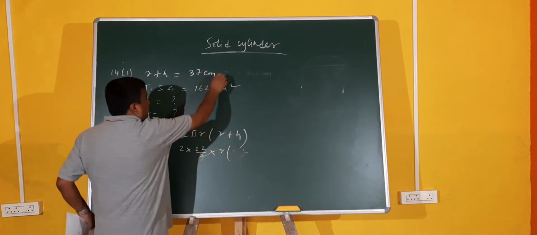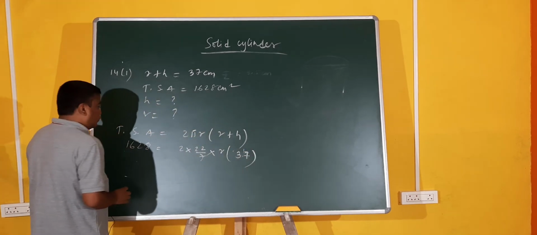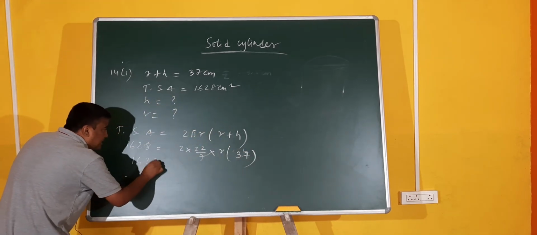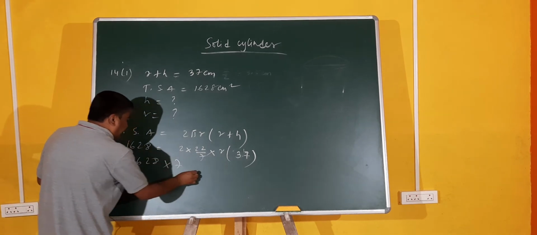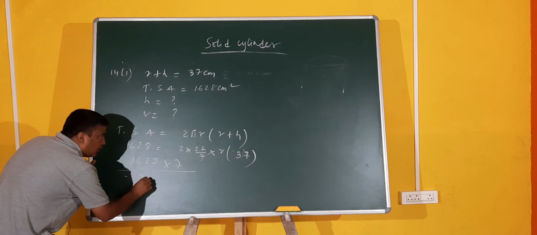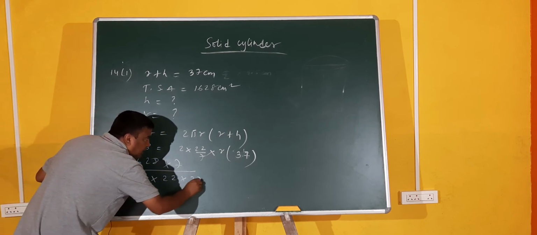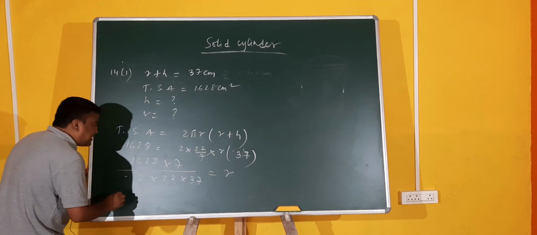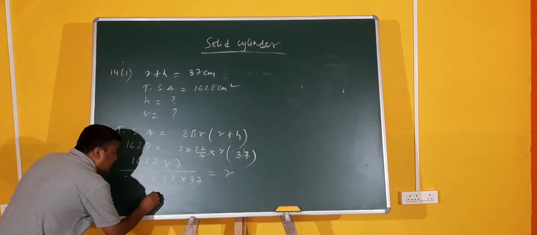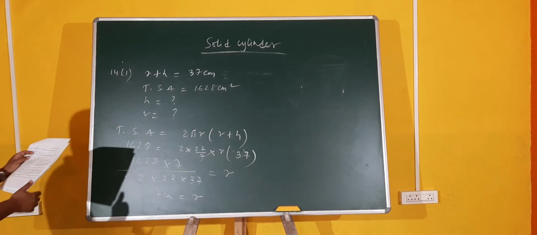R plus h is already given, which is 37. So 1628 into 7 divided by 2 into 22 into 37 equals r. You will get 7 centimeter. So radius is 7 centimeter.